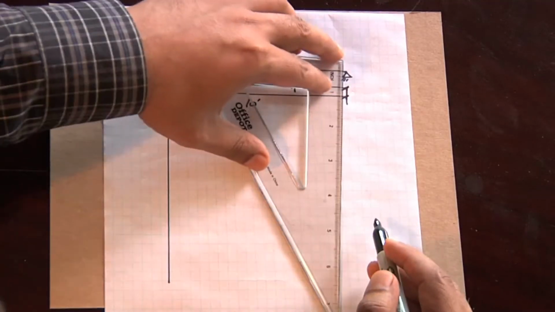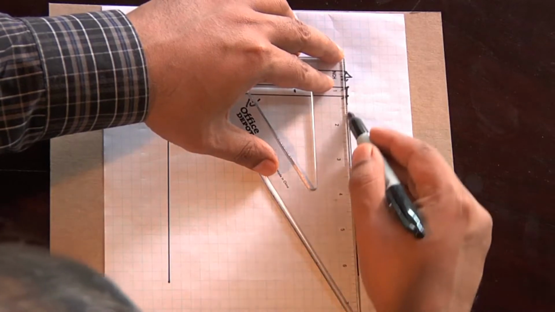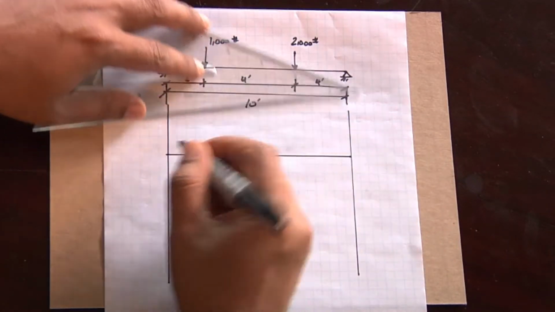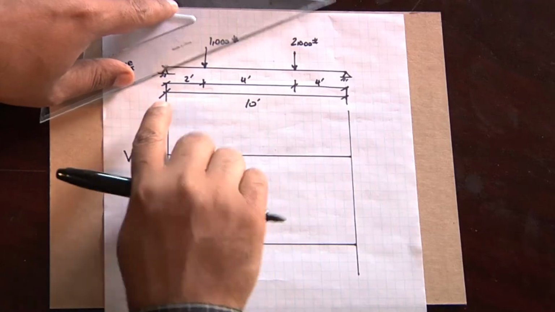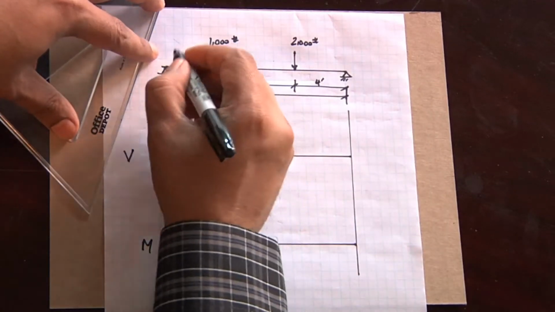So the first thing you do when you do a shear moment diagram is you want to draw a series of lines down the diagram to indicate the critical points in the shear diagram and the moment diagram. And what are the critical points? Well, obviously the end points where you have your reactions, and we'll put some labels on here in a moment.